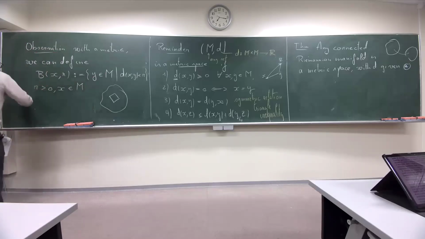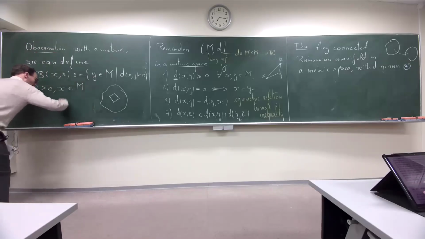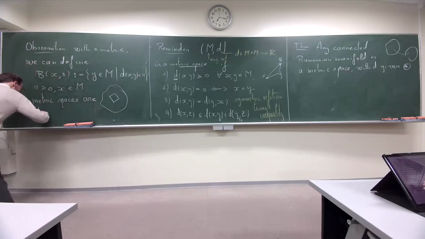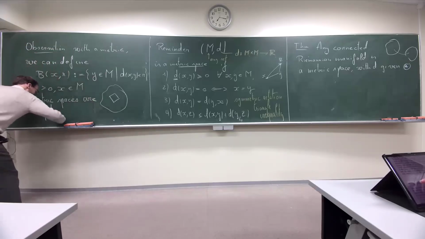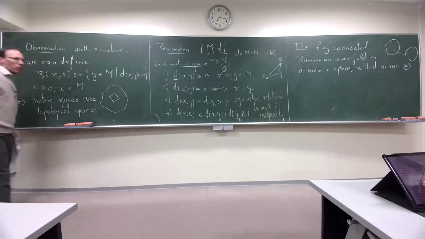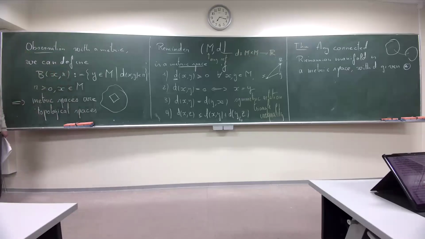So it implies, in particular, that metric spaces are topological spaces, because you can define the notion of open like you do it on Rn with balls, and it turns out that this defines a topology. So any metric space is a topological space. It means with this distance, we can define a topology.